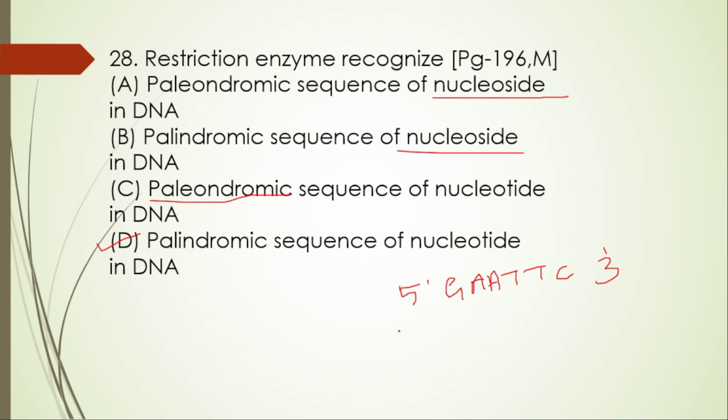If I'm talking about 3' to 5', it is CTTAAG. This is 3' to 5'. So this is called what? Palindromic. Okay, this is a palindromic sequence. EcoRI recognizes this sequence to cut.